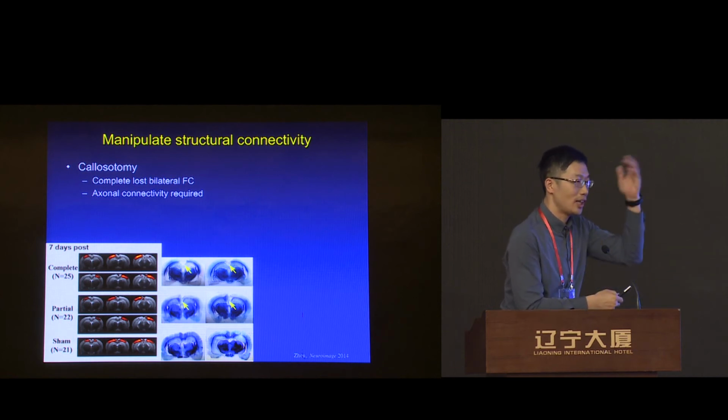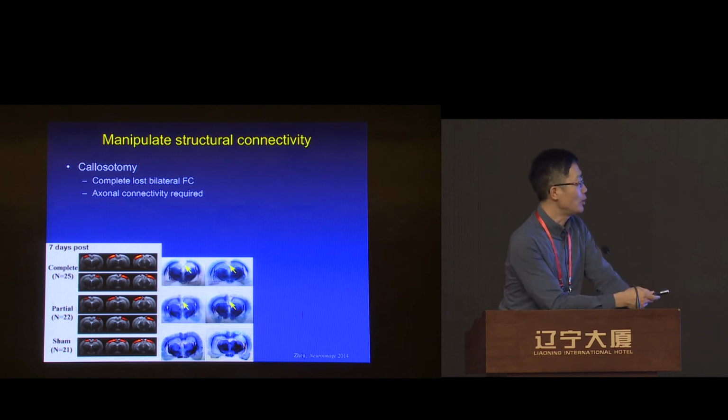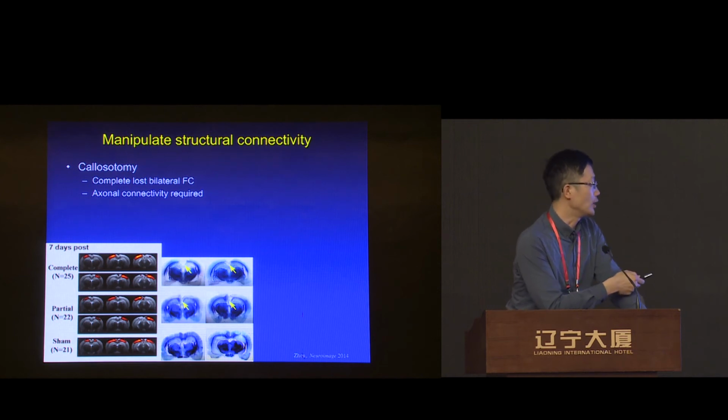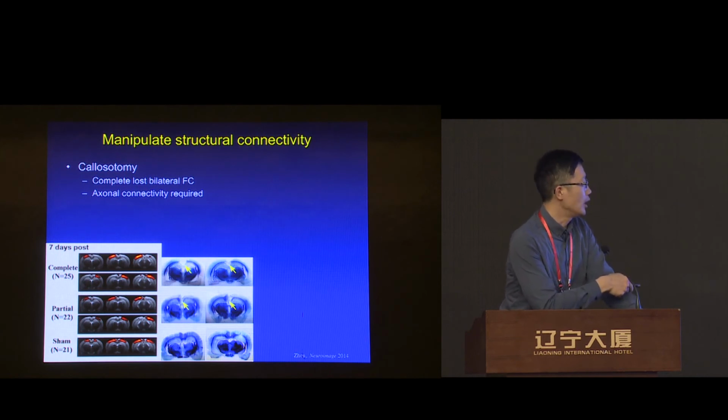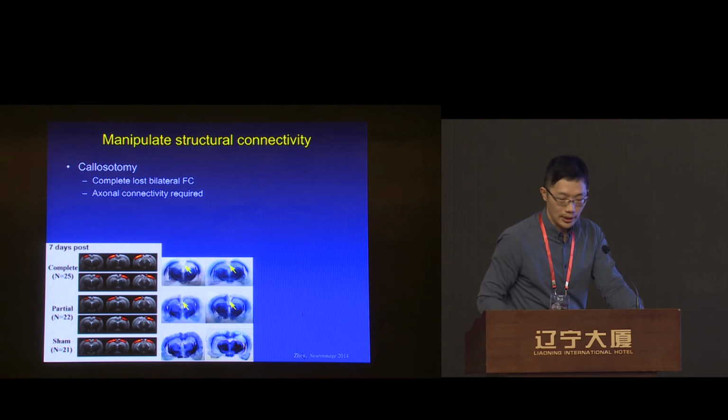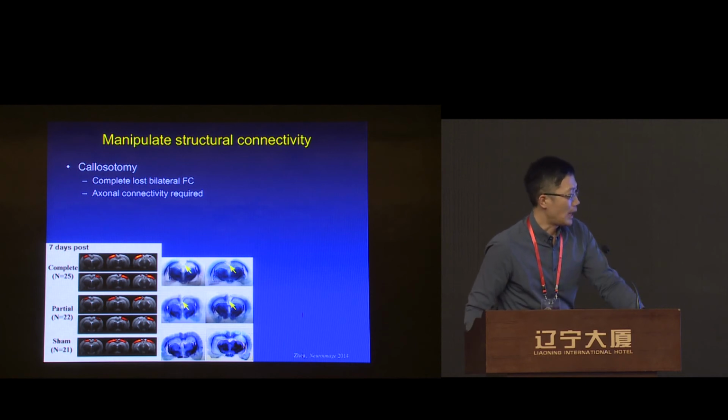So if we want to modulate the structural connectivity, previously people just cut the corpus callosum to see whether the structural connectivity really underlies these functional connectivity. With complete callosotomy or partial callosotomy, where they just cut the posterior part, they indeed show that there's loss of bilateral connectivity.